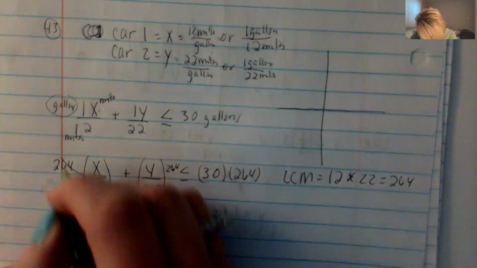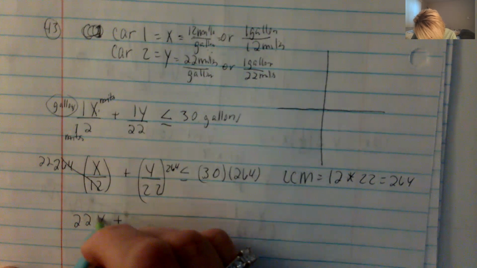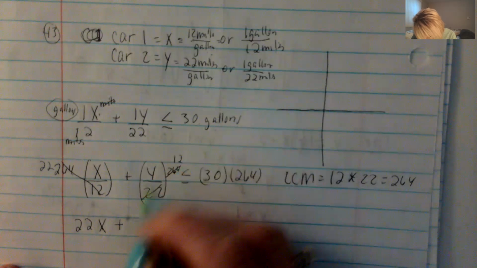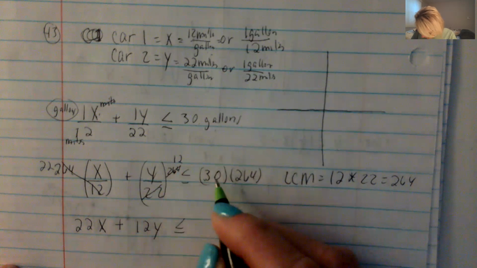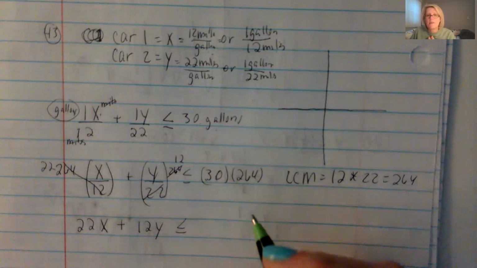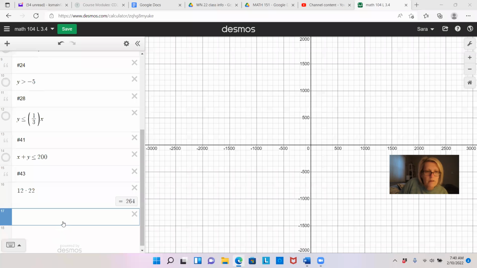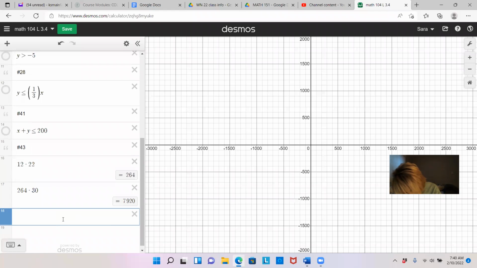So that cancels out to be 22x, plus 22 goes into 264 12 times, so we have 12y is less than or equal to 30 times 264, which is 7920.